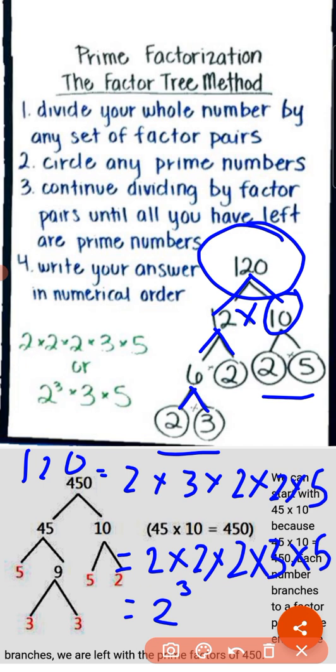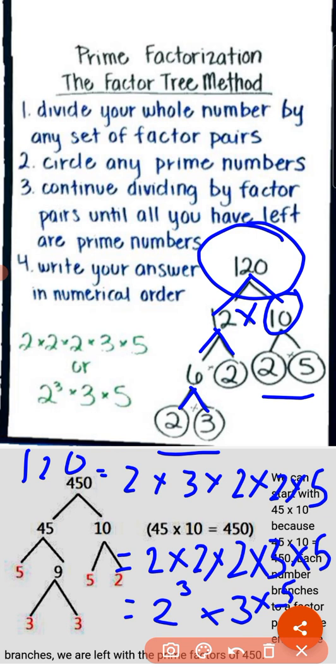Then how many 3s here, children? 1. So write that 3 and again 5. So the prime factorization of 120 is 2 cubed into 3 into 5.